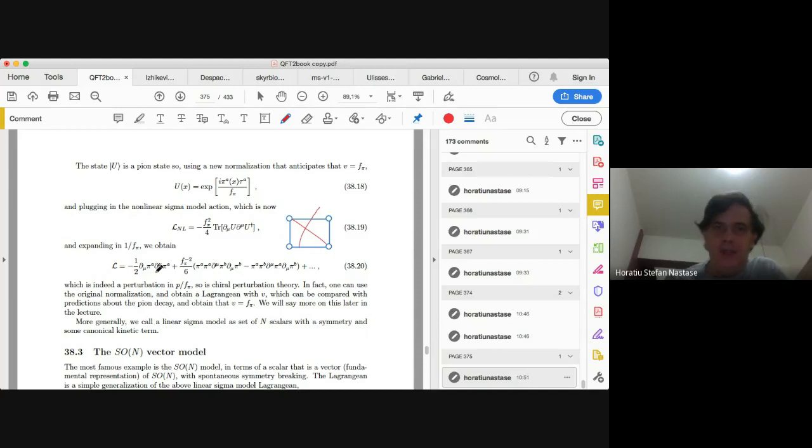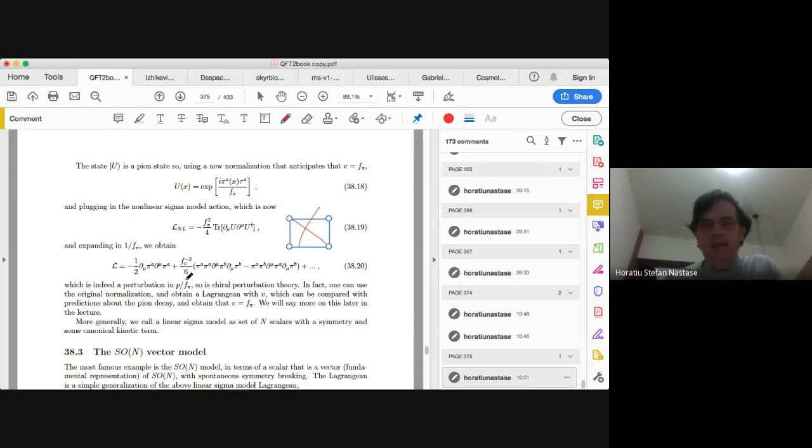In terms of the Lagrangian itself, the expansion is in the pion field divided by F pi. And then in terms of the Lagrangian itself, we have to consider also the expansion in P over F pi.